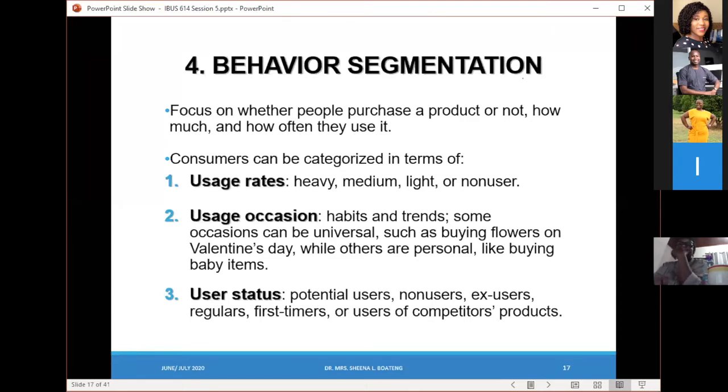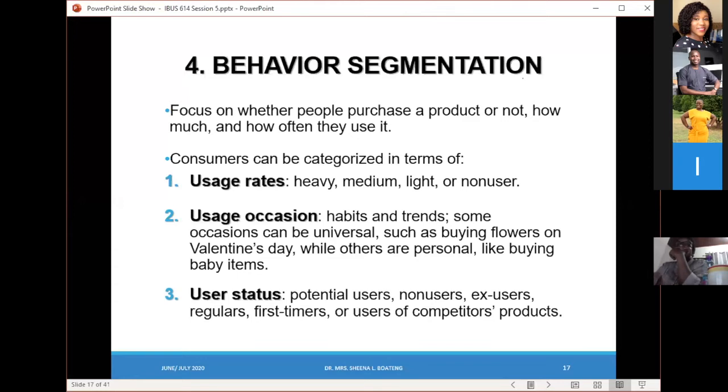This is the kind of products that people usually purchase, and they are marketed as such. So we can talk about the way during Valentine's Day, we see a lot of beverage companies start advertising the champagnes, the alcohols, the flowers, the chocolates, the cakes, right? So depending on the usage occasion, you need to be able to market the product accordingly.